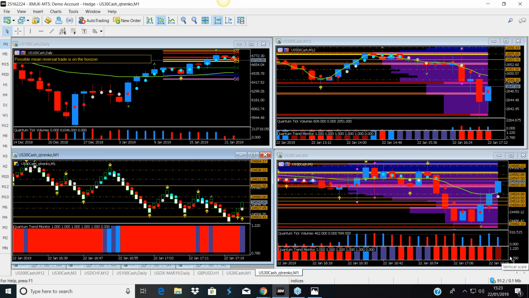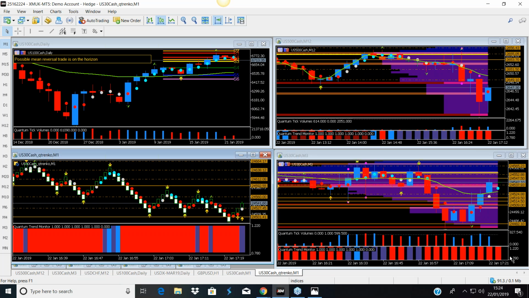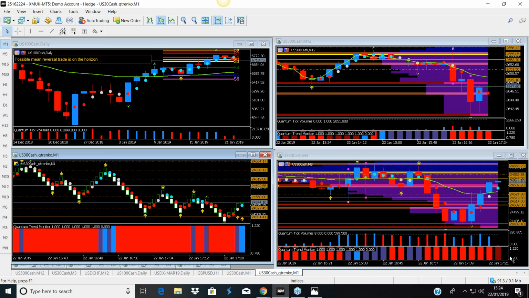I was looking at the pound Aussie, which is very overbought on the heat map indicator that we use, and I was waiting for a fall in that. It actually hasn't happened. It has gone up even more, primarily because it's very much risk off today. The market's not in a very good mood, and this has been reflected in what we can see in the indices.